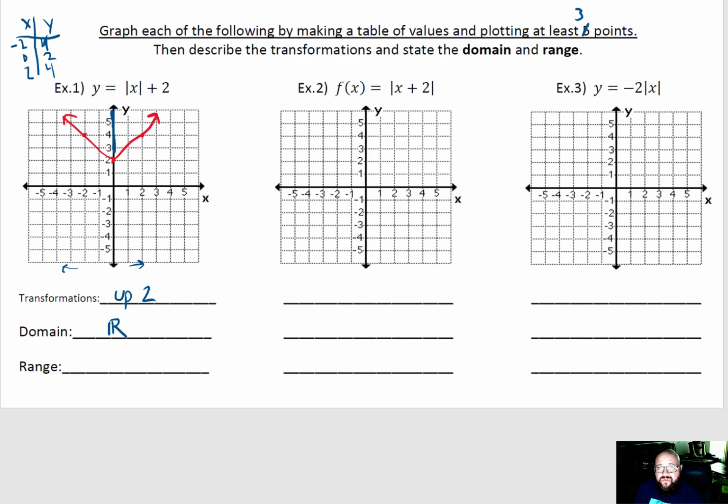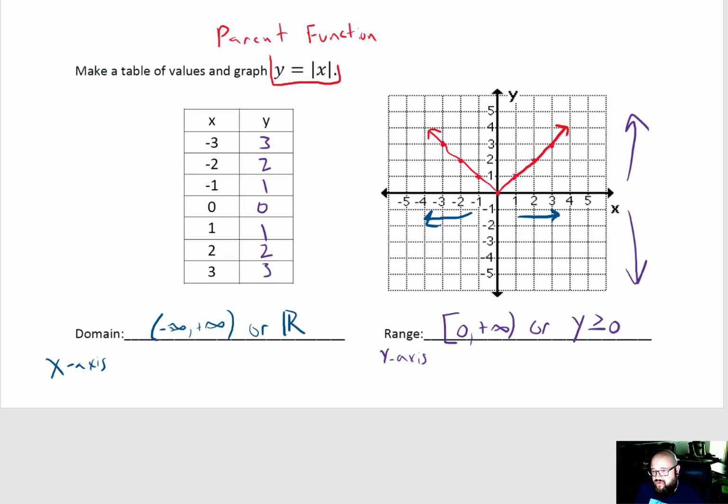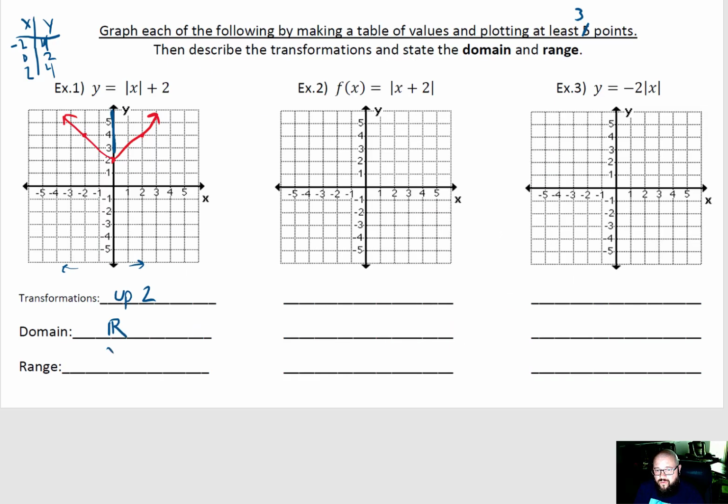So as we did with 0 on our parent function, we said our range was y is greater than or equal to 0. Well, we just moved this dot from 0 to 2. So we can simply say y is greater than or equal to 2. So again, outside of the absolute value brackets is going to have a vertical change on it.